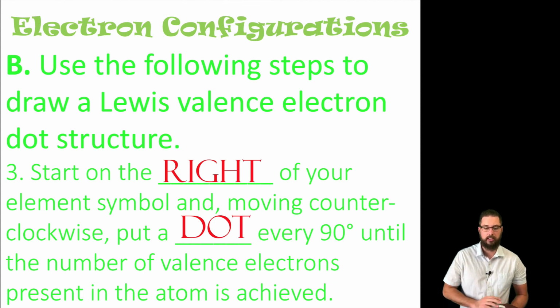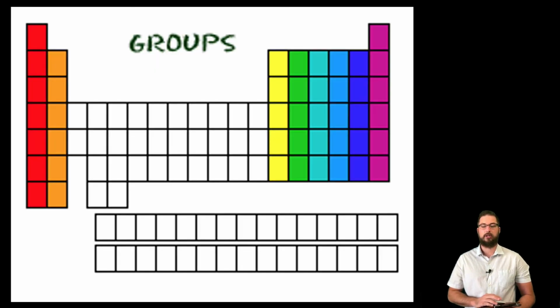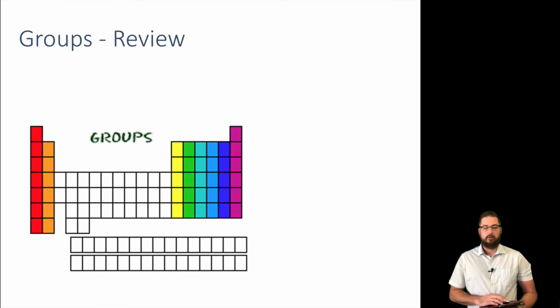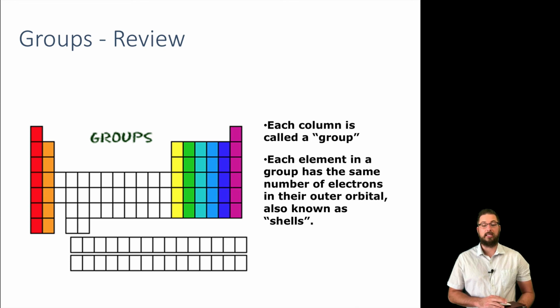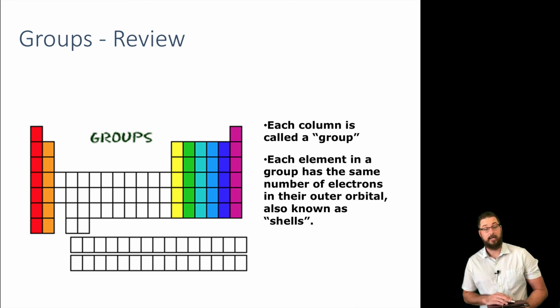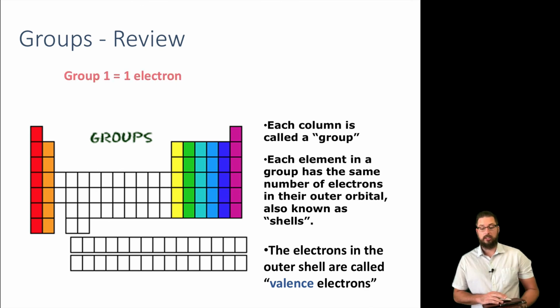We're going to look at an example in a moment. Here are the different groups. Notice how the transition metals get skipped because they don't contribute electrons to the valence level. Each column is called a group, and each element in the group will have the same number of electrons in their outermost energy level.